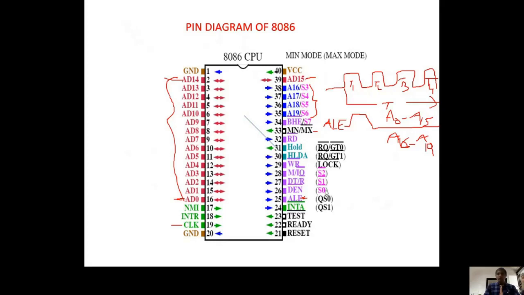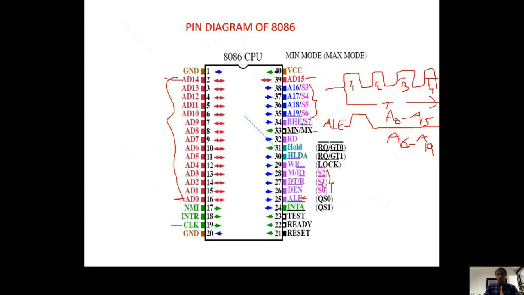Now, depending on S0 bar, S1 bar and S2 bar, the processor performs different operations: whether the processor wants to read data from memory or send data to memory, or read data from an input port or send data to an output port. Which operation the processor is performing is decided by these 3 pins.